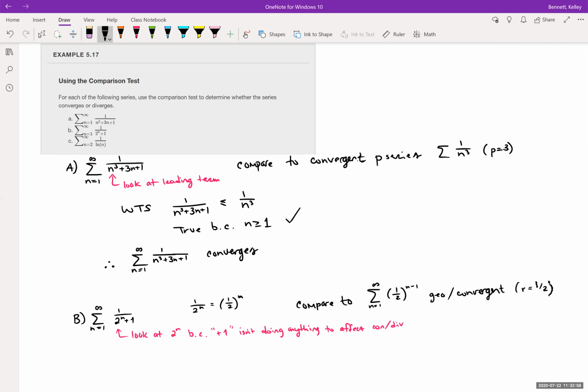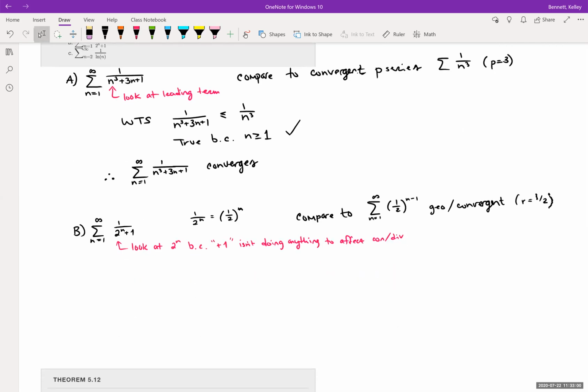So we have to manipulate this. So you want to say that 1 over 2 to the n plus 1, just kidding, that plus 1 is not an exponent. We want to say that this is less than or equal to 1 over 2 to the n minus 1.